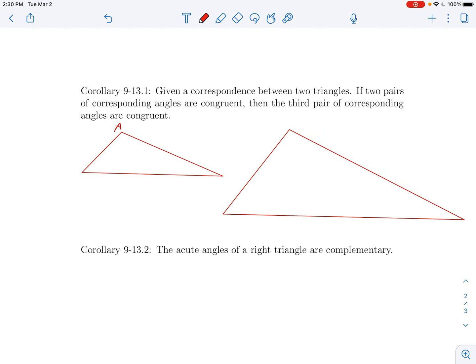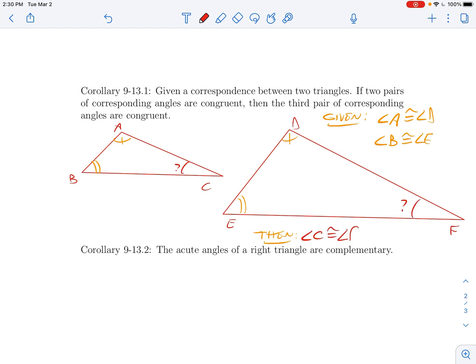But let's suppose here's A, B, C, and here's D, E, F. If I know that angle A is congruent to angle D, and that angle B is congruent to angle E, then I can conclude that the third angle in the first triangle and the third angle in the second triangle are also congruent.